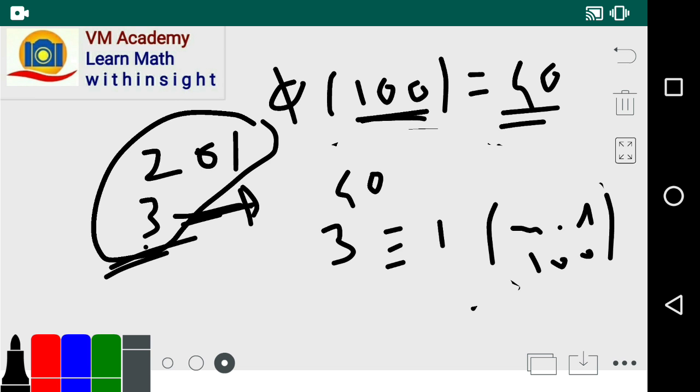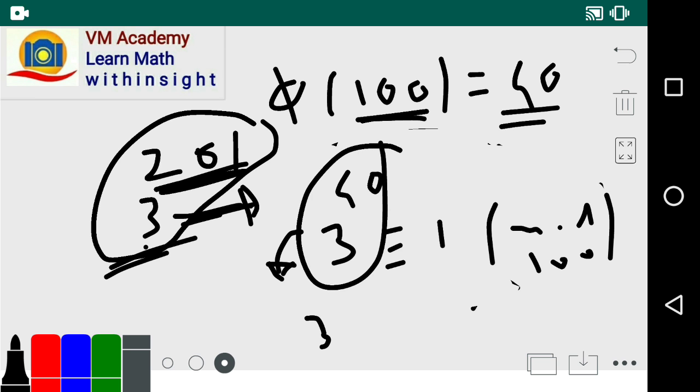Thus 3 raised to 40 is 1. So now raising to the fifth power, we get 3 raised to 40 into 3 raised to 40, so on 5 times. That is going to be 3 raised to 200.